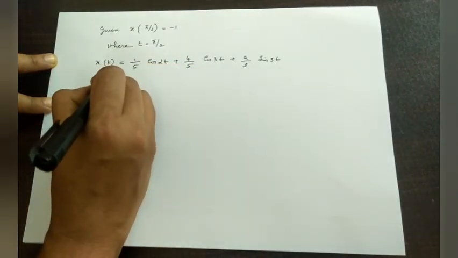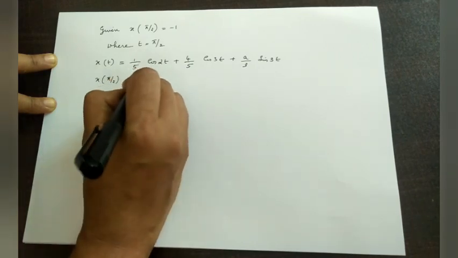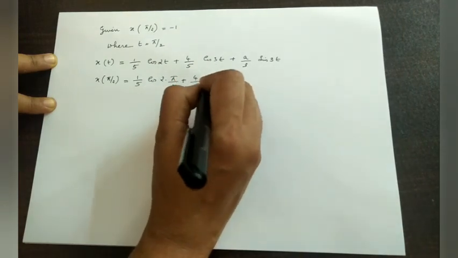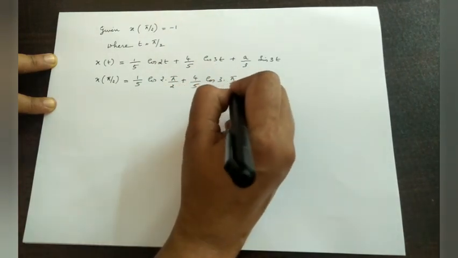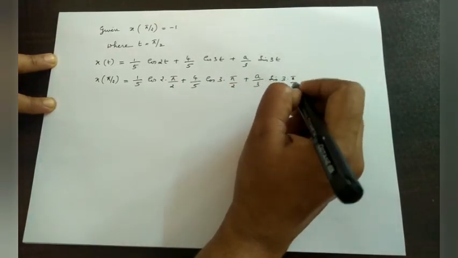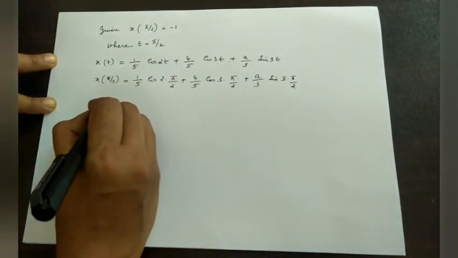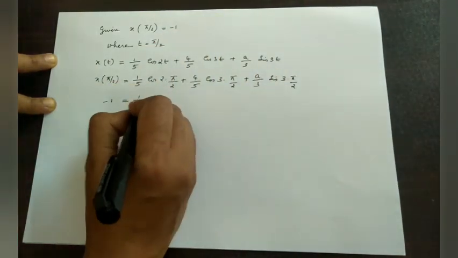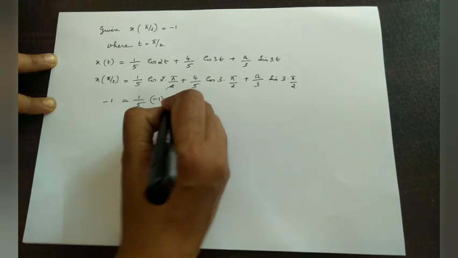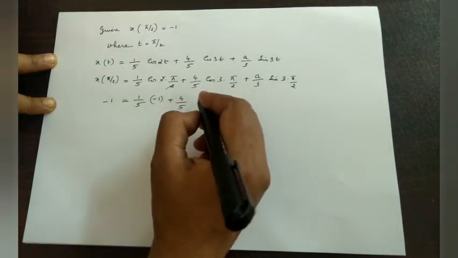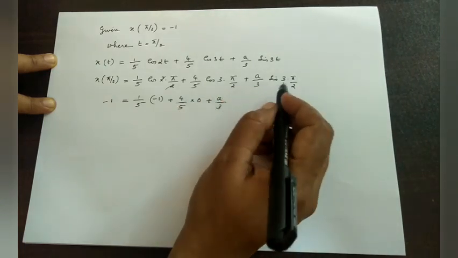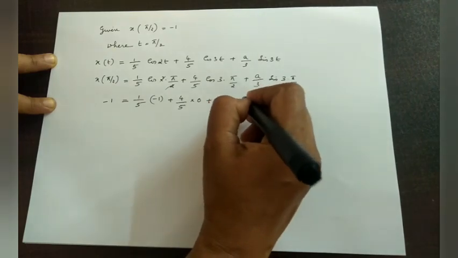That is x of pi by 2 is equal to 1 by 5 cos 2 into pi by 2 plus 4 by 5 cos 3 into pi by 2 plus a by 3 sin 3 into pi by 2. x of pi by 2 is given, that is minus 1, which is equal to 1 by 5 into cos pi, which is minus 1, plus 4 by 5 into cos 3 pi by 2, which is 0, plus a by 3 into sin 3 pi by 2, which is minus 1.